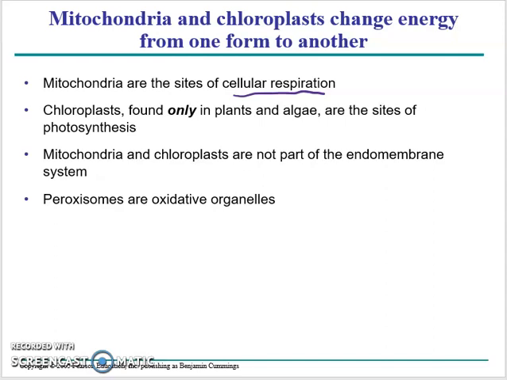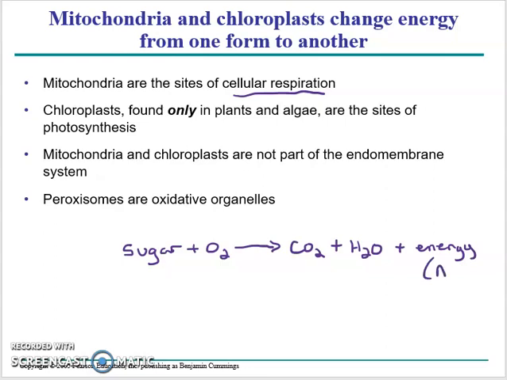But basically, what happens in cell respiration is that you have sugar plus oxygen gives you CO2, that's carbon dioxide, plus water, plus energy. And that energy is in the form of a molecule called ATP. So this is what mitochondria do. I'm just going to put all this together really quick because we're going to come back to this quite a bit.